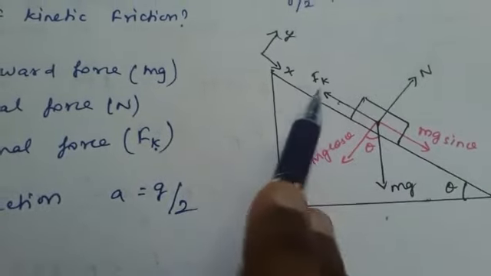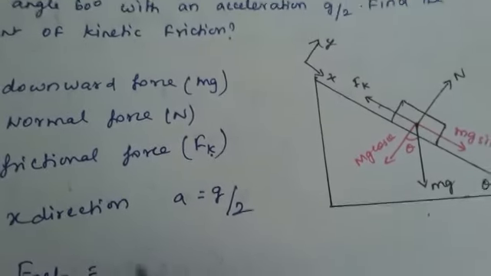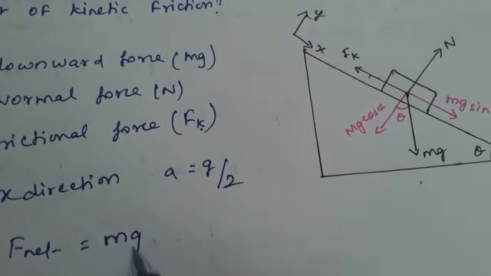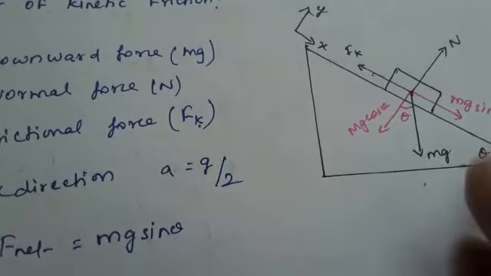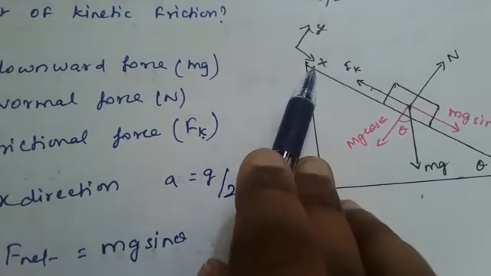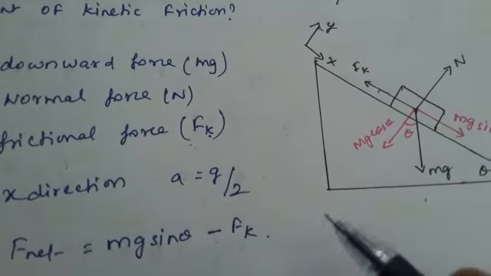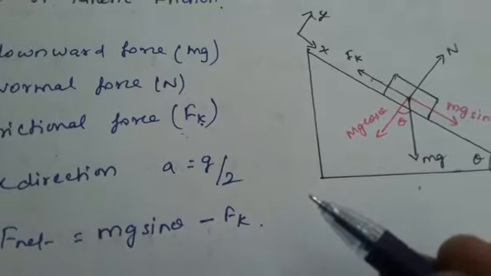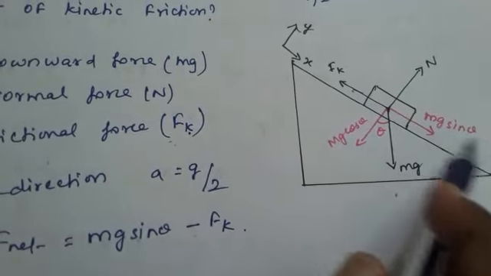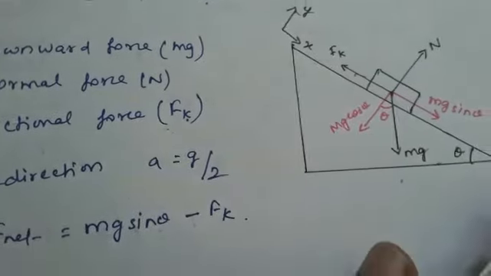The net force acting here, F net, is equal to mg sin theta. Mg sin theta is in the positive x-axis. Fk is in the negative x-axis. So mg sin theta minus Fk. What is the acceleration of the object? The body is accelerating in the x direction. Okay.